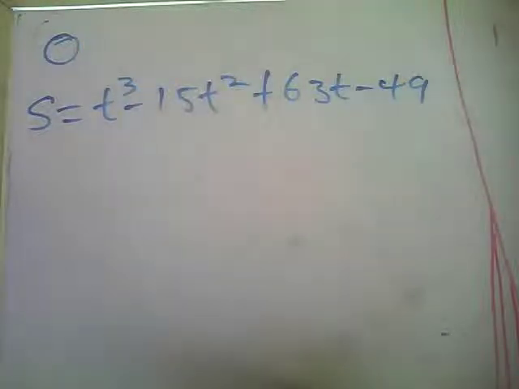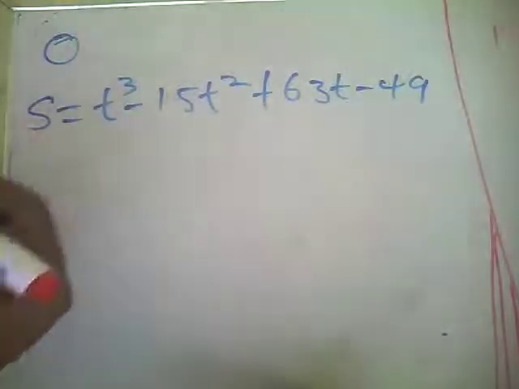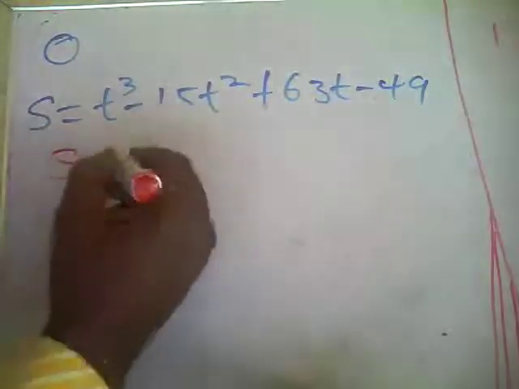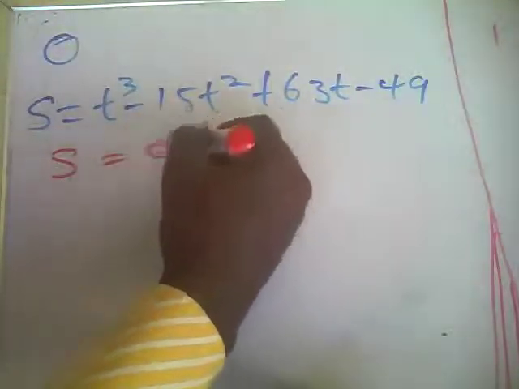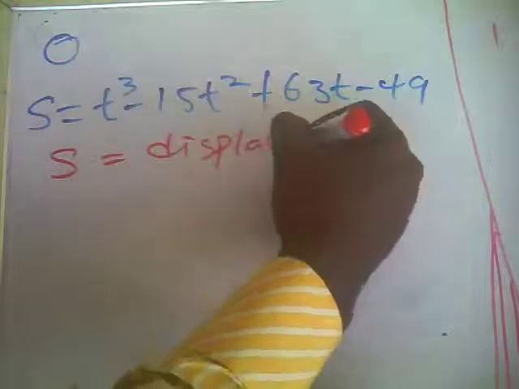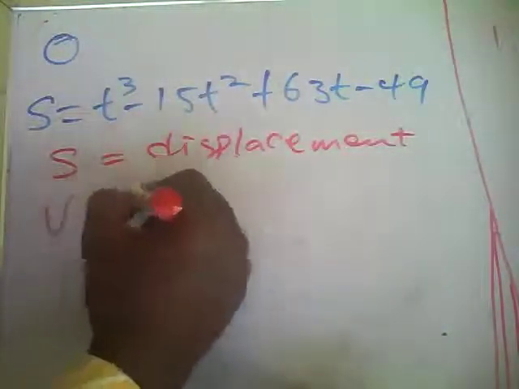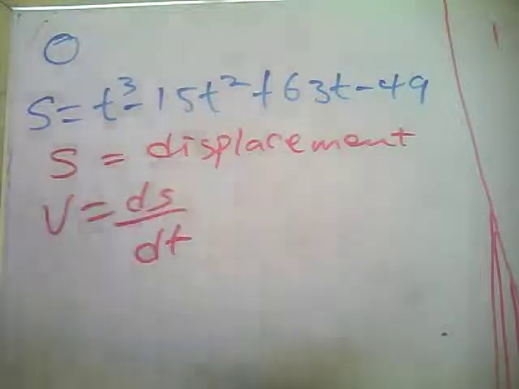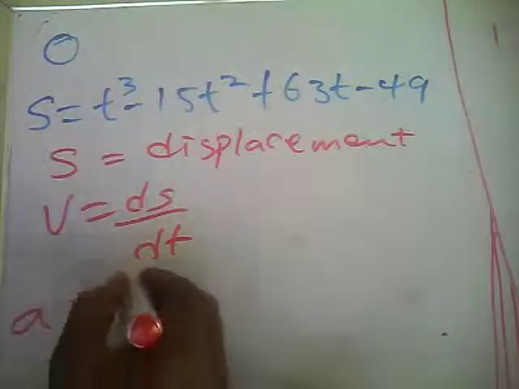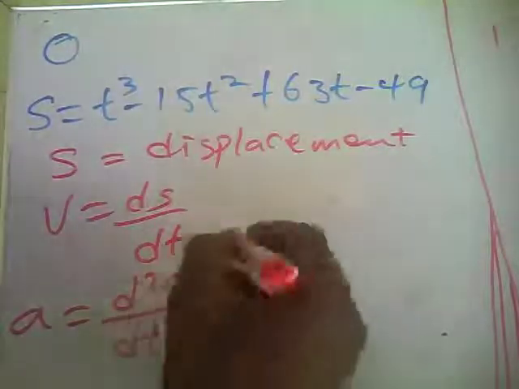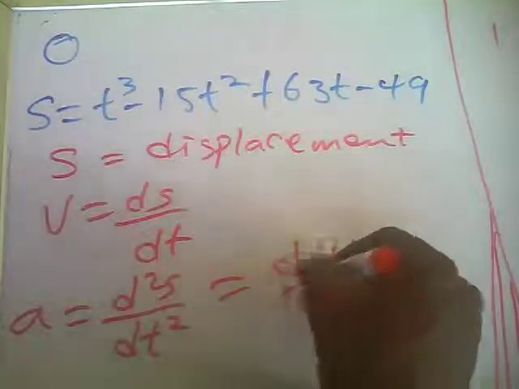Let me quickly tell you that when we have a displacement equation, if s represents displacement or distance, you should know that the velocity is going to be ds dt, and acceleration is d square s dt square, or dv dt.